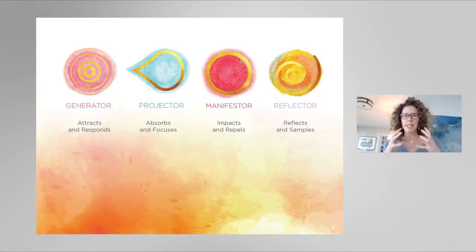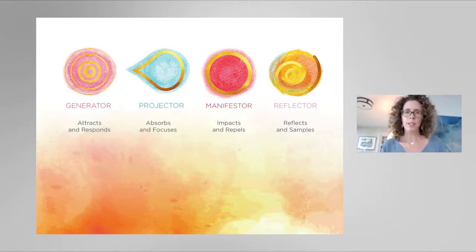Manifestors have a dense and repelling aura because they're really designed to make an impact. They're designed to initiate. And they need to be able to sort of move as a free agent in the world and to make an impact. So it doesn't mean that they themselves have a personality that's dense and repelling. It just simply means their aura has those properties. And then finally, we have the reflector.